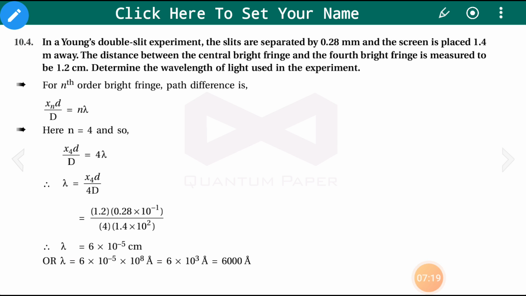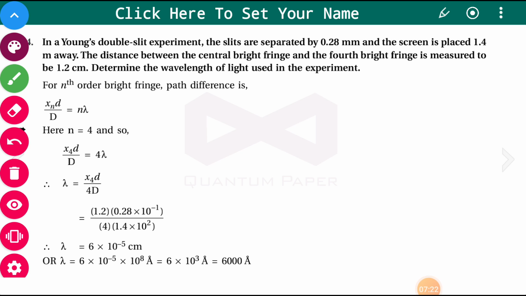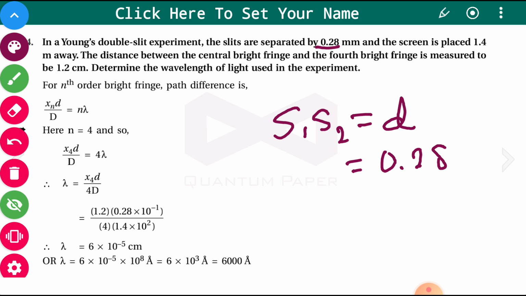Now we have the fourth numerical. In Young's double slit experiment, the slits are separated by 0.28 mm. So the distance between slits S1 and S2, denoted by small d, is 0.28 millimeter, and the screen is placed 1.4 meter away.